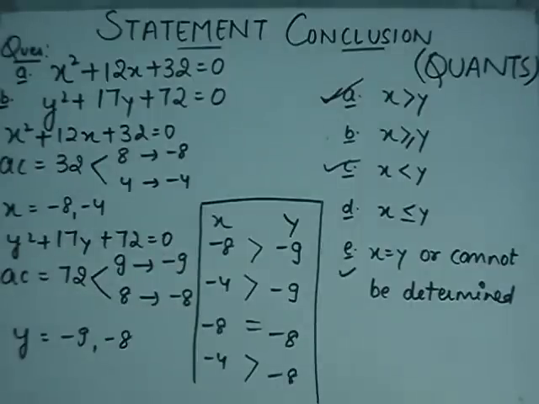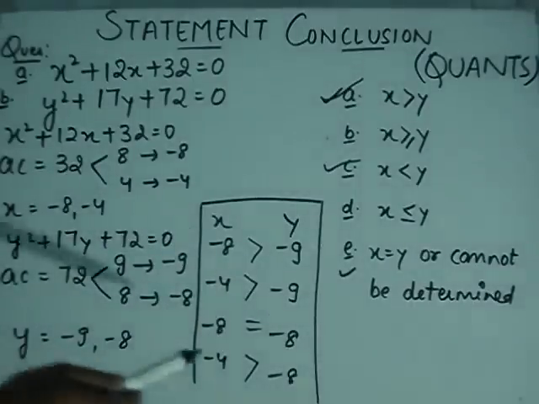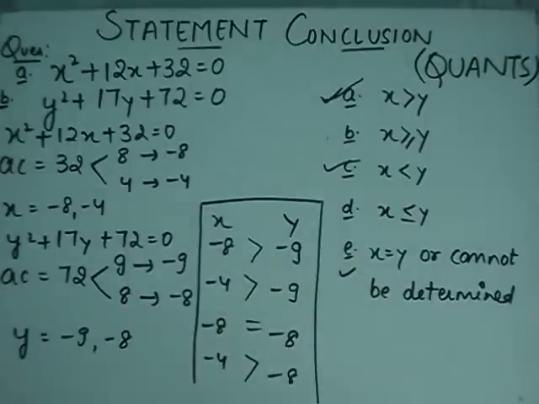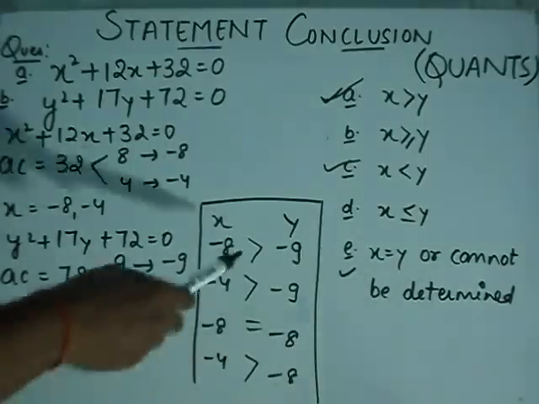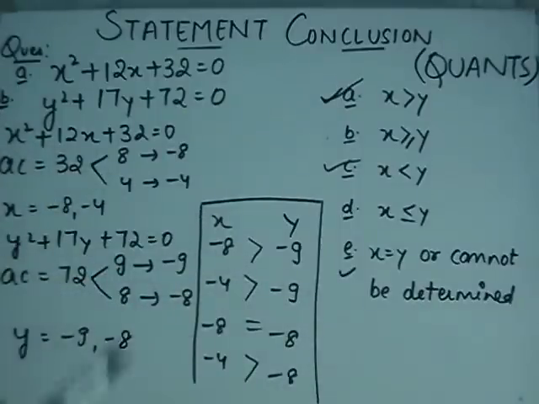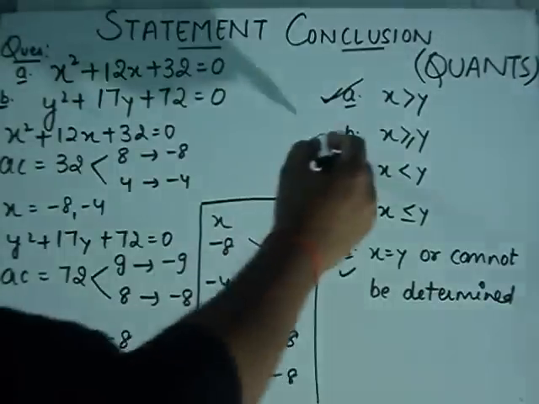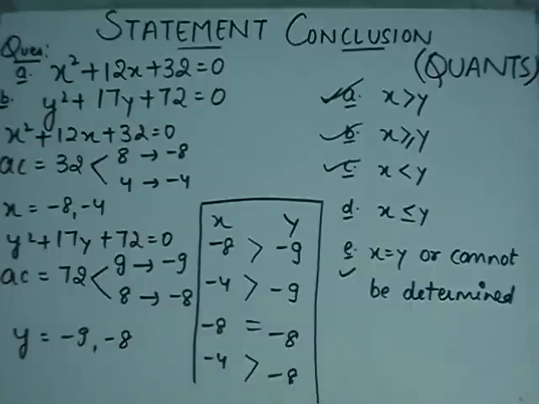No other form means x is greater than y, x is greater than y, x is greater than y. The equal case you can neglect, but in the answer you have to mention it. So there is no other sign except greater than, means in no case x is lesser than y. So we are getting our answer as B: x is greater than or equal to y.